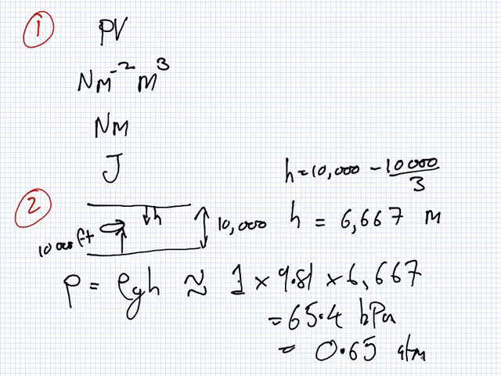It pulls people out. Because the inside of the plane is at 1 atmosphere and the outside is at 0.65 atmosphere, so the air rushes out to the lower pressure. This is what's happening. So pressure tries to go from high to low, just like heat will go from hot to cold and so on. So 0.65 of an atmosphere.